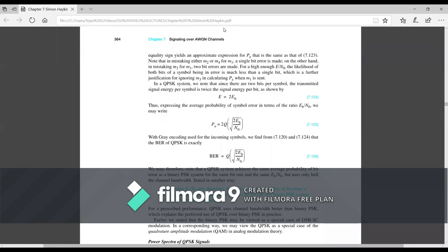So far, all the shift keying techniques I have told you use coherent detection because we are using a locally generated orthonormal basis function. Let us see the difference between shift keying techniques using coherent detection and those using non-coherent detection.